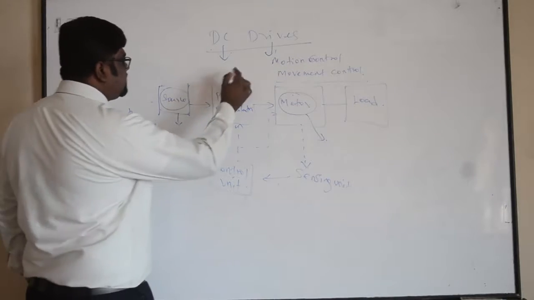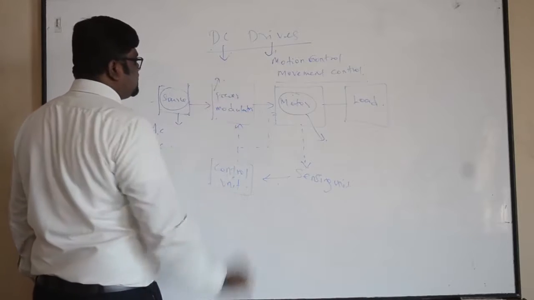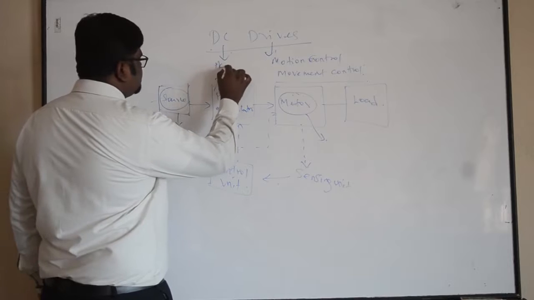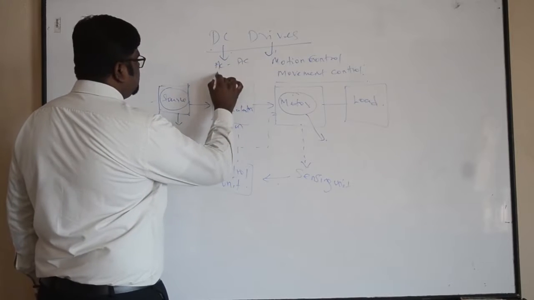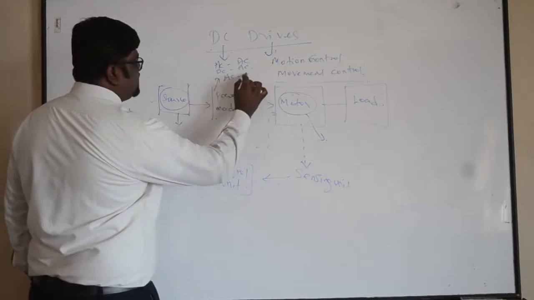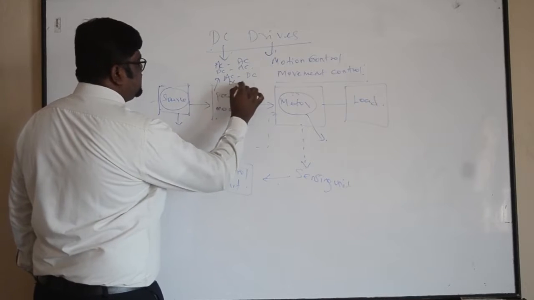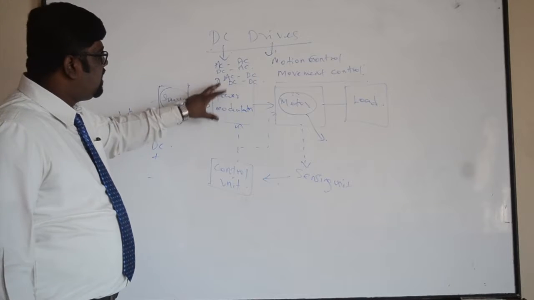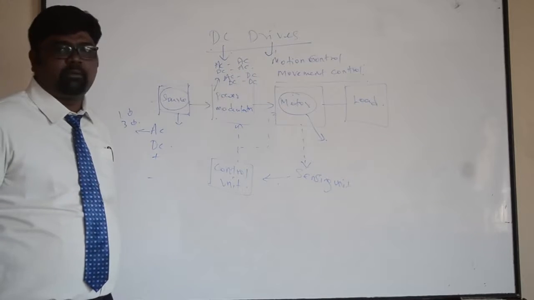The power modulator has the major converters like AC to AC, DC to AC, as well as AC to DC, and again DC to DC. All these functions happen in the power modulator.